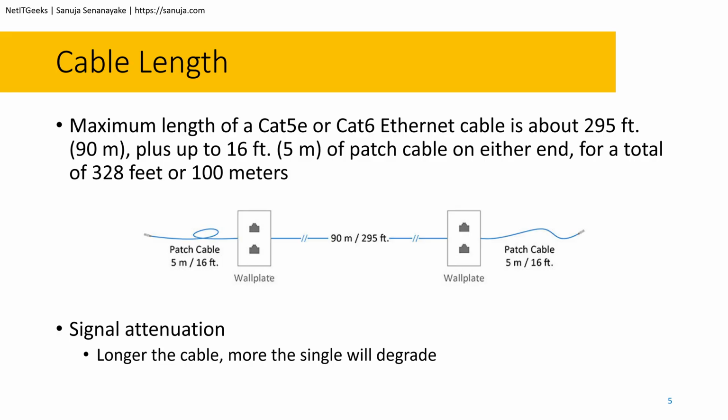For example, there was a situation I've been told about where they put a Cat5e cable about 110 meters to an access point, and during the night and early morning hours, the access point worked just fine. But during the day, when a lot of people in the office were connecting to the wireless network, the access point went out of service. So it loses connectivity.